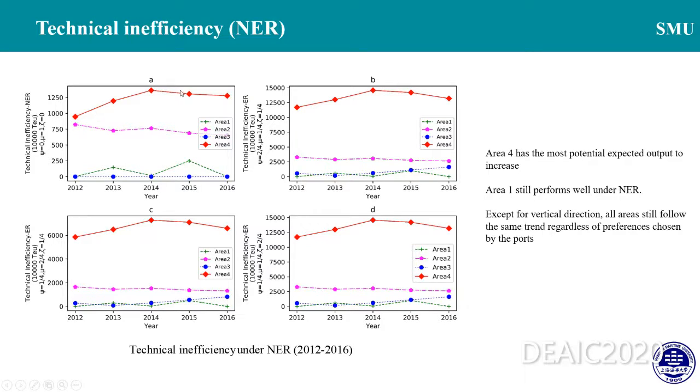Here, area 4 is the red line. In all 4 pictures, it has the most potential increasable output.